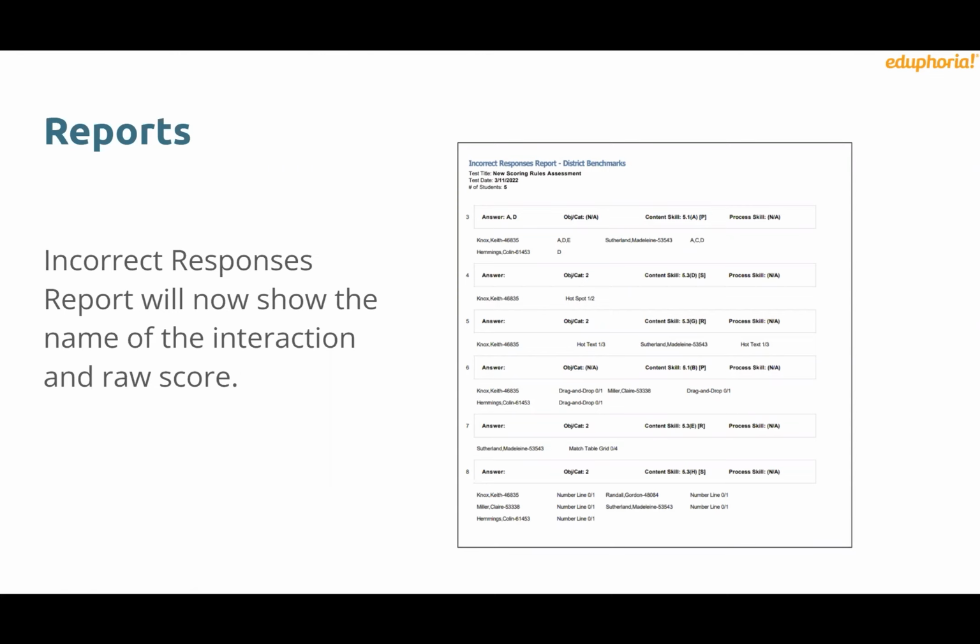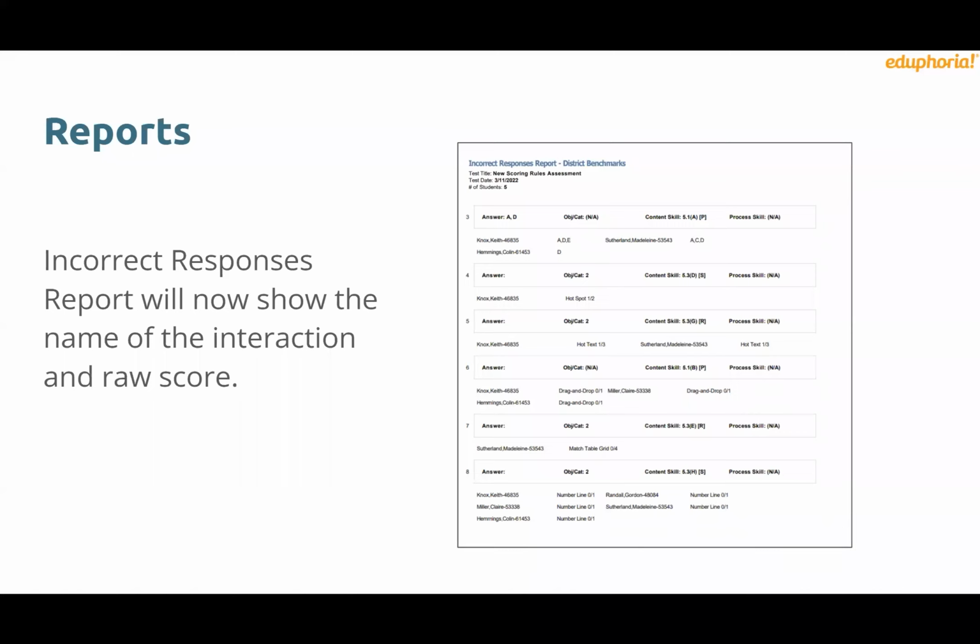You might be struggling to see a little bit, but in these cases where it's incorrect or correct, we're going to see that they got either 0 out of 1 or 1 out of 1, and that will be impacted by the weight if it is adjusted by the test author. So here we're getting more information so we can understand what might be the root cause of students missing this.